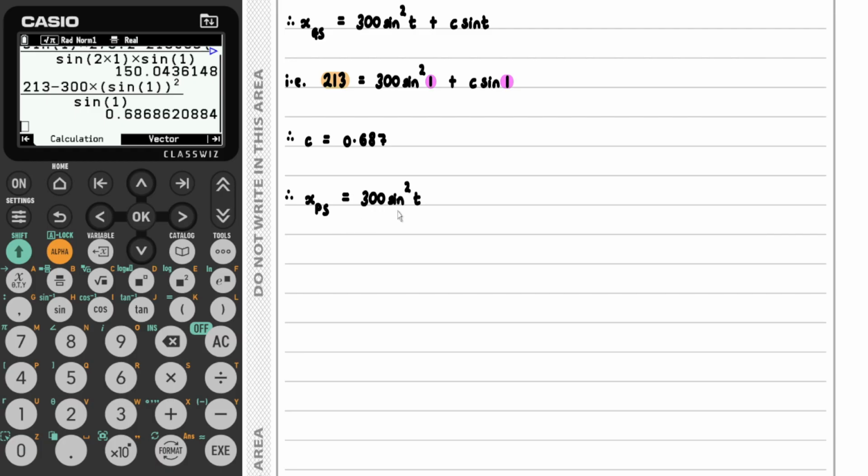That will be given by 300 sine t squared plus 0.687 times sine t.